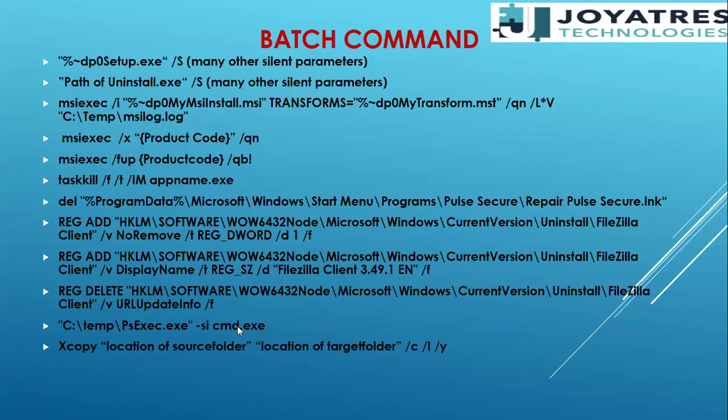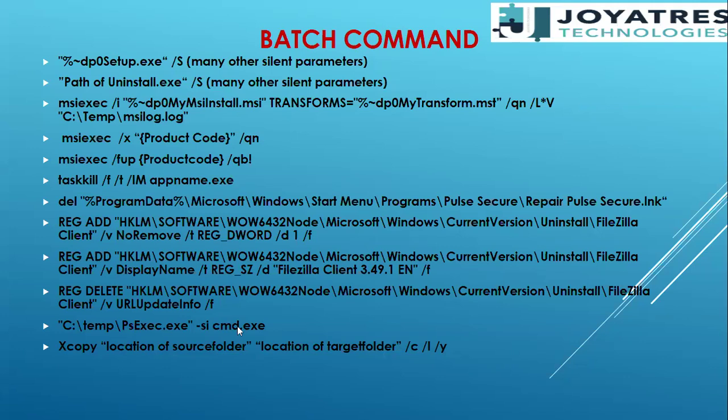So there are few batch commands which we use while doing it. First is the dp0 setup.exe. So whatever the setup.exe, the exe application name is there, you have to install it using the silent parameter. Second is the path of the uninstallation.exe you have to give.